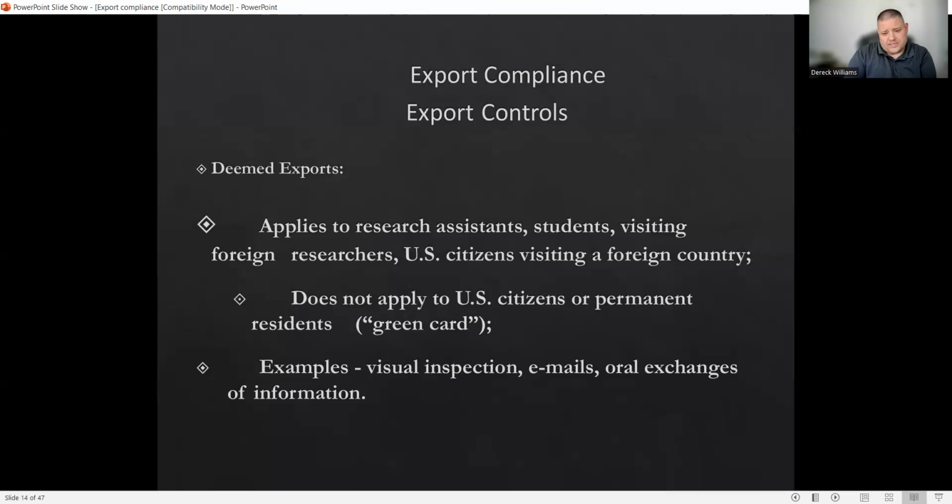They got hit with 300-some-odd violations, and they weren't willful violators by any means. They just didn't know what they were doing wrong, therefore they continued to do it for a long period of time. Well, the FBI got involved, the BIS got involved, there was an investigation, and they said, okay, look, we know you guys aren't selling secrets to our enemies, but you are allowing these bad practices to happen.